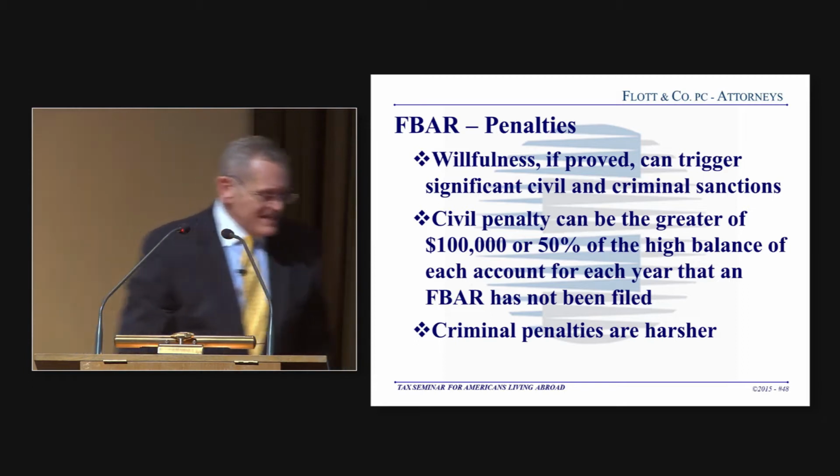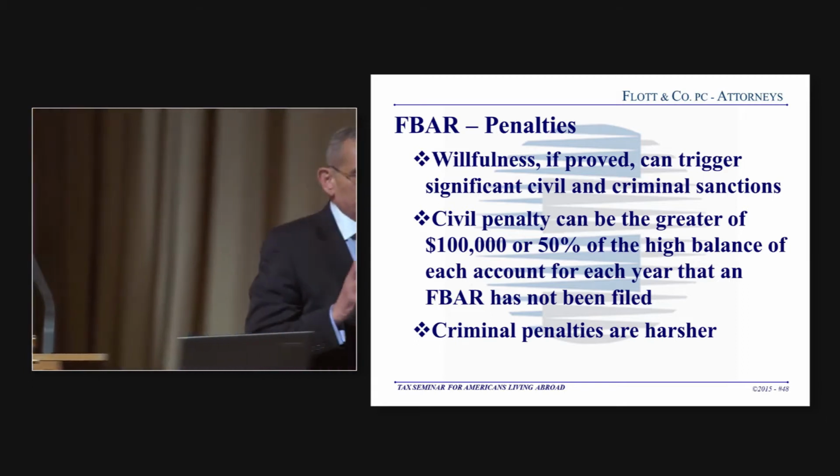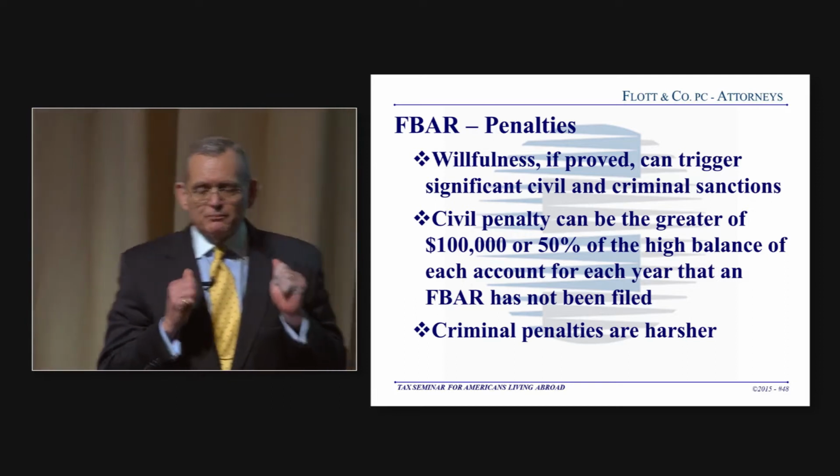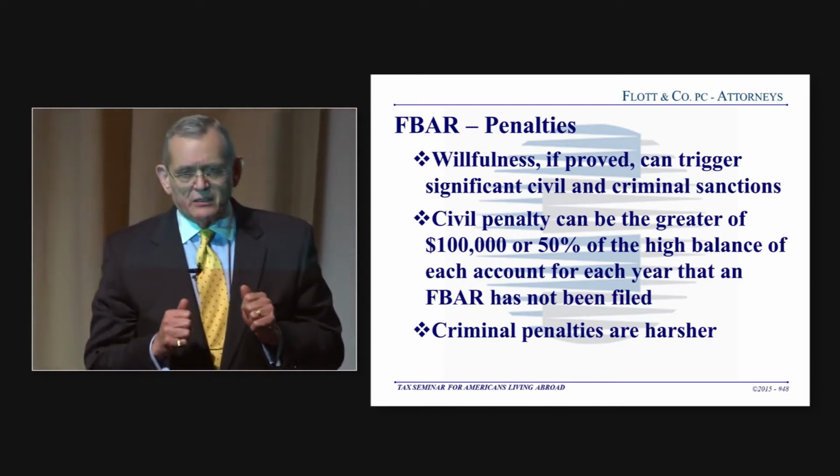Now, the reason that the IRS pulled this old statute off the books and started to enforce it was for the very reason of those penalties behind me. Because that was a real club to hold over the heads of those high net worth U.S. resident individuals who were using UBS and other numbered Swiss bank accounts to hide income from the United States and to evade U.S. taxation.